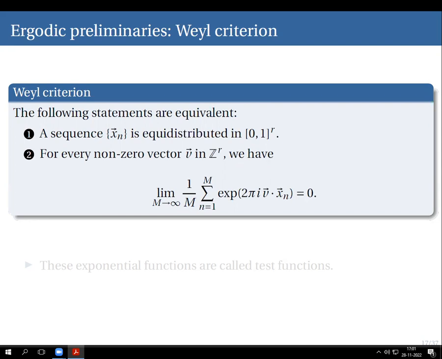So you just have to take every non-zero vector b in Z^r, and look at the exponential of 2 pi i times the dot product of x_n with b. And so you can show that the integral of this exponential is 0. And so the Weyl criterion is that you just have to take these test functions. So yeah, their form was explicit enough that they could use the Weyl criterion.